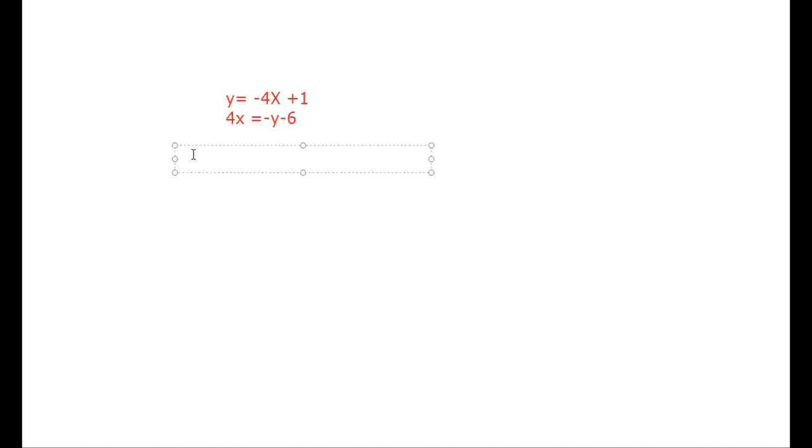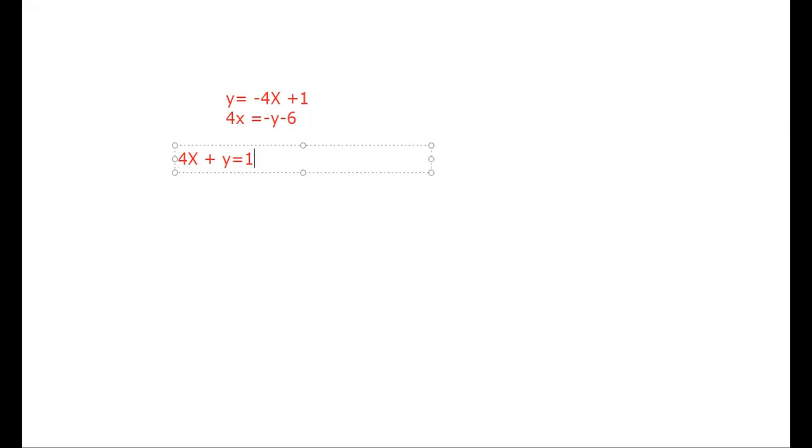Which means in the first equation, I'm going to transfer 4x to the opposite side. It will be 4x plus y equals 1.